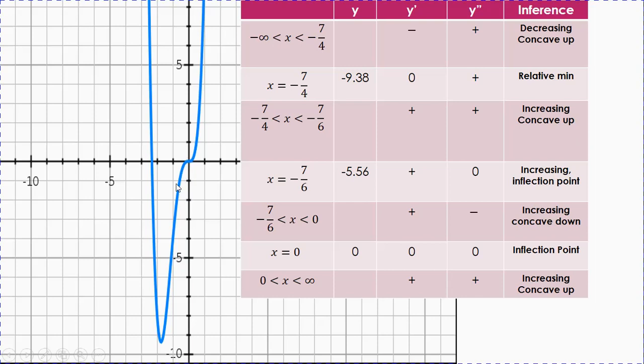Up until point 0, it's increasing, concave down. And at 0, we have another inflection point, and then it goes up, concave up, and it's increasing.